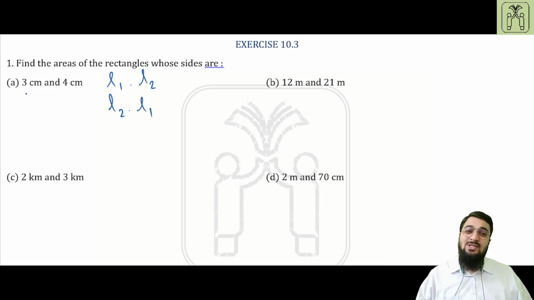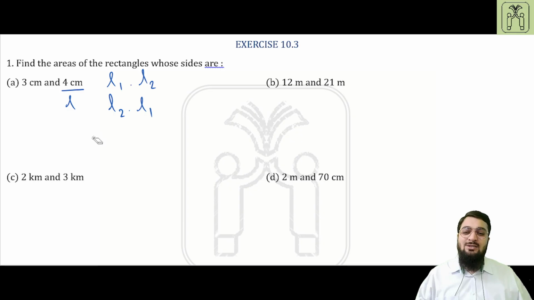Anyone can be chosen as a length or a breadth, but the standard procedure is to choose the one with the longer side as the length. But if the dimensions are written as 3 centimeter into 4 centimeter, then this 3 centimeter is the length and this is the breadth.